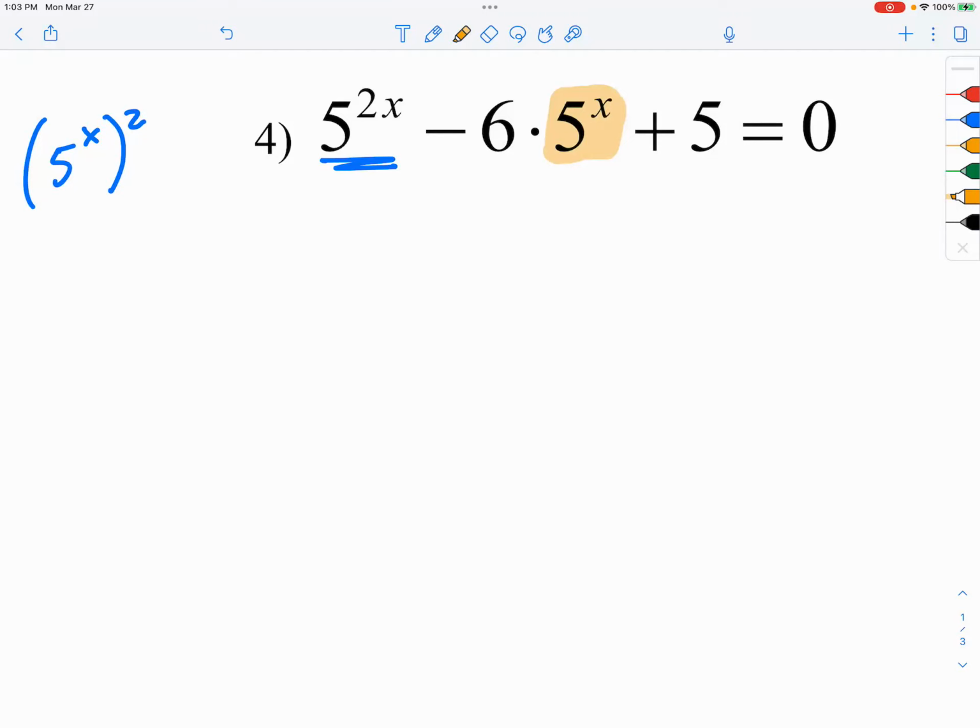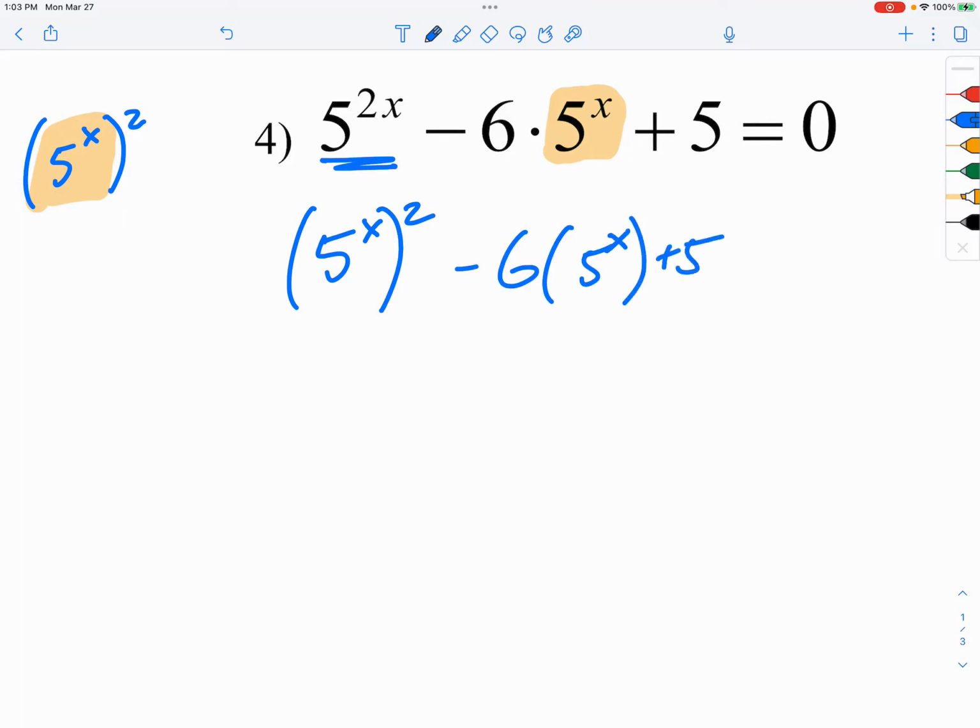So that's how we know it is 5 to the x and then squared. So we can rewrite this as 5 to the x, then squared, minus 6 times 5 to the x plus 5 equals 0.